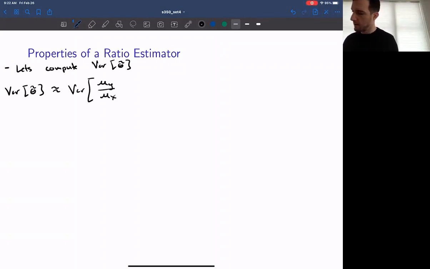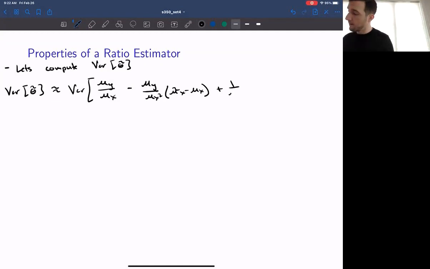So we'll have this term minus mu y over mu x squared, mu tilde x minus mu x, plus 1 over mu x, mu tilde y minus mu y, right?